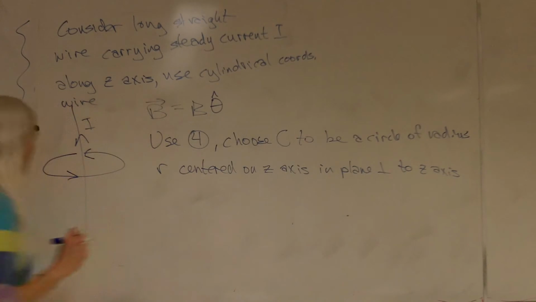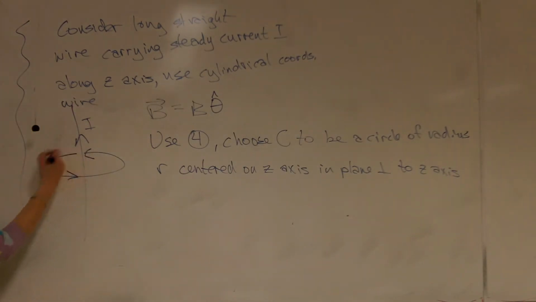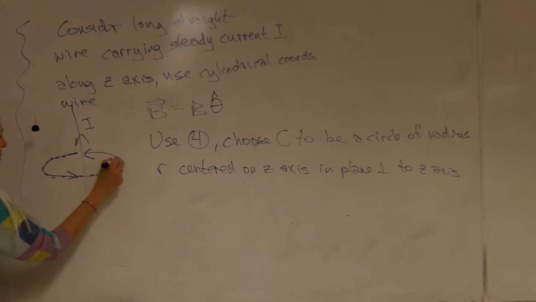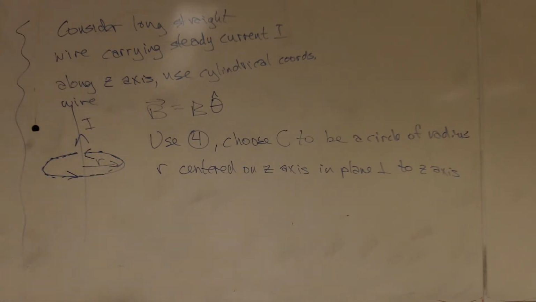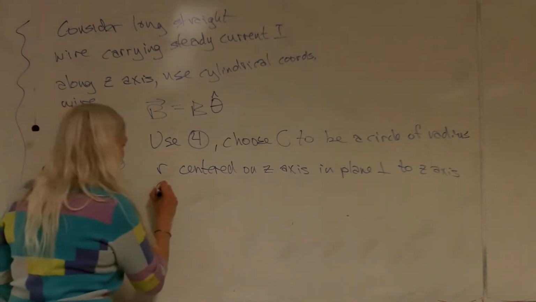So in other words, we'll choose it to be a circle that basically runs right along one of these magnetic field lines. Okay? So our Amperian loop, if we traced it out in dashed lines, would just be right on top of the field line that I already drew here, right? At a distance r from the axis. And we're going to go around it in the same direction as the magnetic field.